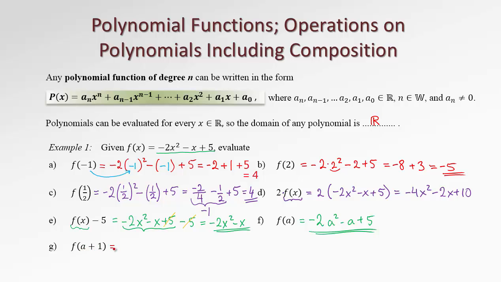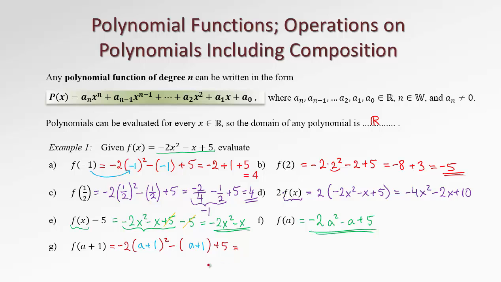But let's do it nice and slowly, and every time we encounter an x, let's place a bracket. -2 bracket, that will be our future input. Let's make a little bit more room because a plus 1 is coming. Square minus x, but x is a bracket, and then plus 5. The bracket contains a plus 1. That's our input, a plus 1.